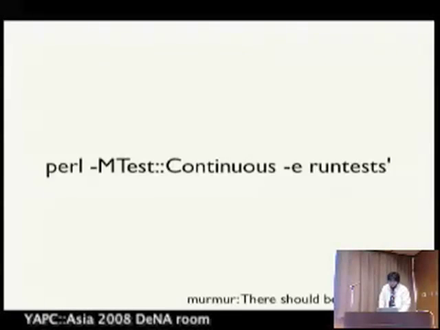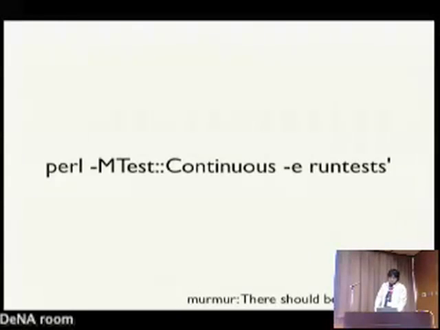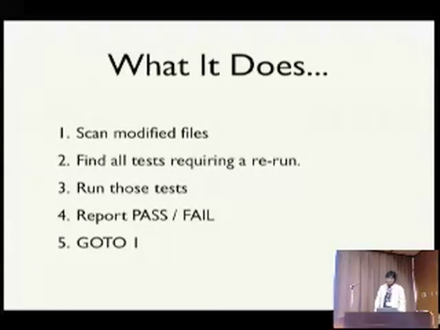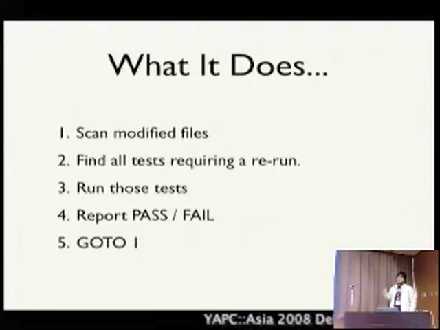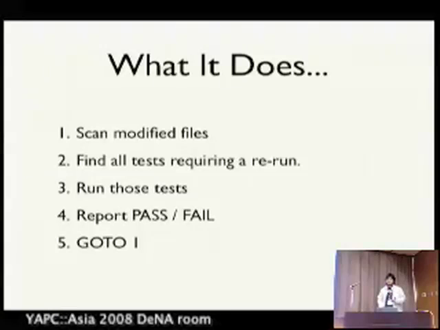So, how to use it is very simple. It's just run this command. Well, it's in the Perl doc, and then it'll give you some messy message on your screen that looks like this. What it really does is, when it starts, it scans all your files under your distribution and sees if any of them is modified.